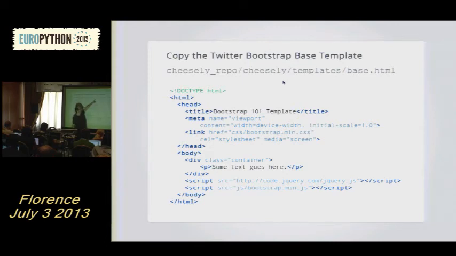And inside that directory, create a file called base.html. This code you'll see at that URL, you can either copy it from here or look at it with that URL that Audrey so graciously provided. This is the stock Bootstrap template that they provide on their website, the Twitter Bootstrap template. If this is a lot of typing, like I said, you can go to that URL.